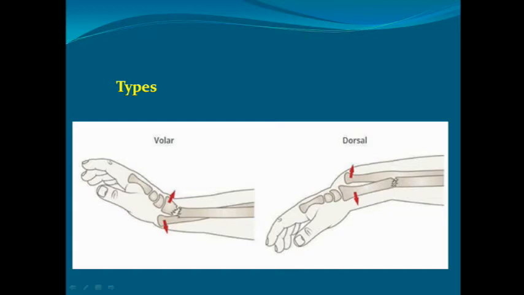The fracture fragment has gone towards the dorsal side, but we call it volar because we look at the ulnar head and then decide what type it is. So when the ulnar head comes down, we call it volar. Here the ulnar head has gone up towards the dorsal side, so we call it dorsal type of Galeazzi fracture dislocation.